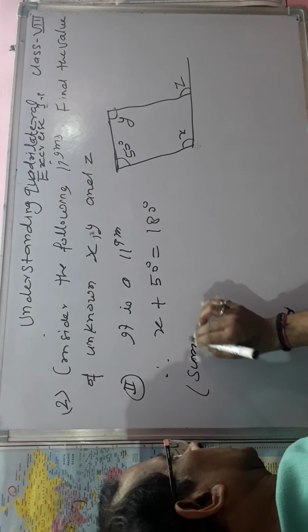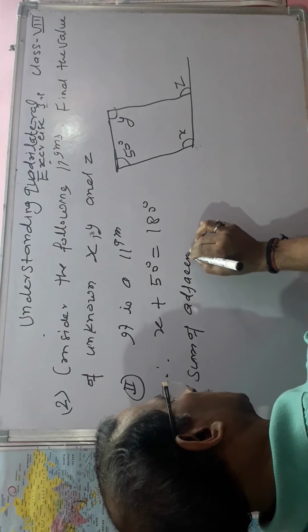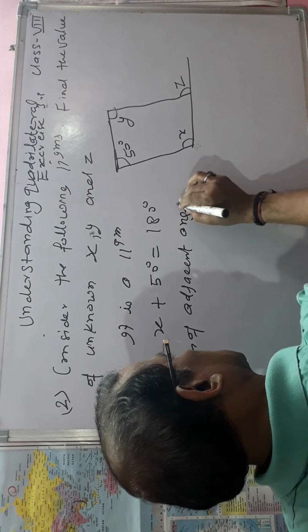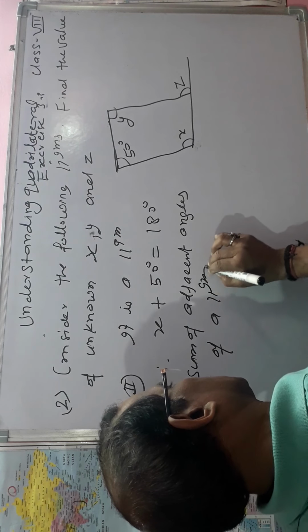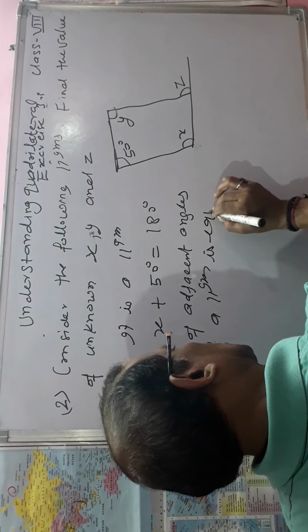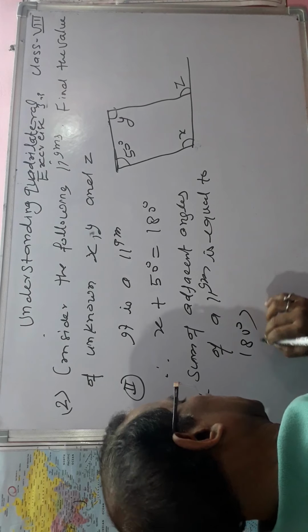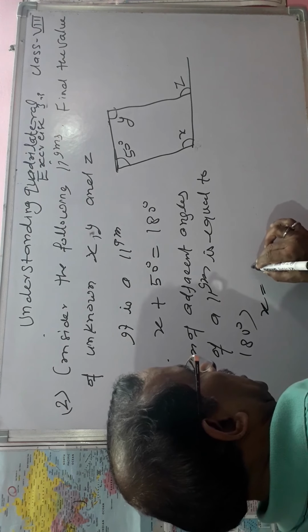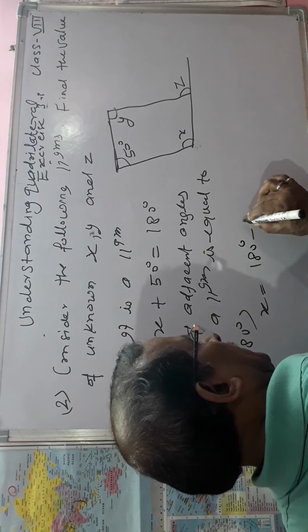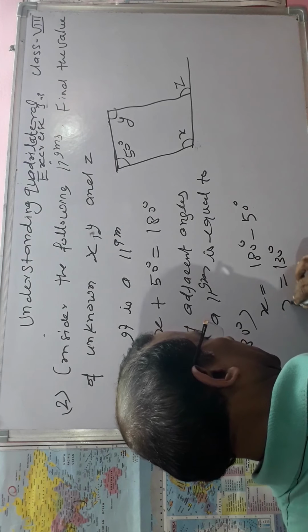Sum of adjacent angles of a parallelogram is equal to 180 degrees. Now x is equal to 180 degrees minus 50 degrees, which is 130 degrees.